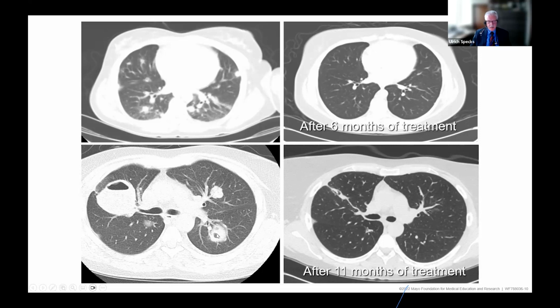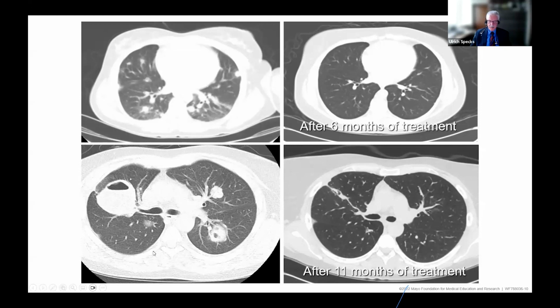If it has access to an airway, it can get coughed out, and then you have a hole in the middle, which we refer to as a cavity or cavitation. And here, same thing, there's a cavity, and there is some liquid in this cavitation, so that's why you have this air fluid level. So this is a mass lesion with a cavity. This is a nodule, and this is larger than 3 centimeters, so it's also a mass with a cavity.